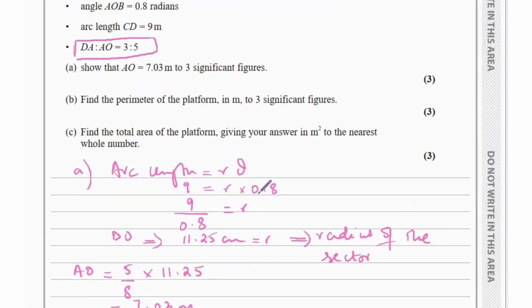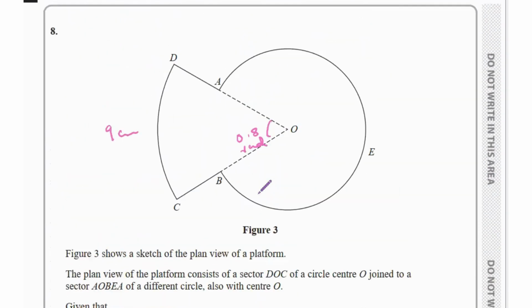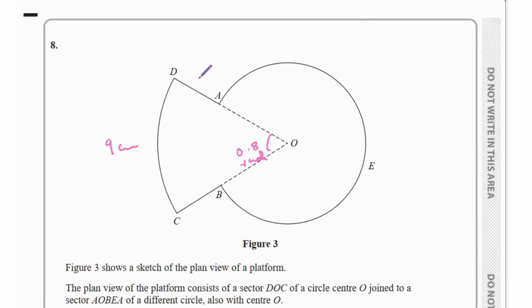Then it says find the perimeter of the platform in meters to 3 significant figures. For the perimeter, we need the length of DA, which is the same as CB, and we need the major arc of the circle AEB. For the major arc, we need the major angle. That is going to be 2 pi minus 0.8.